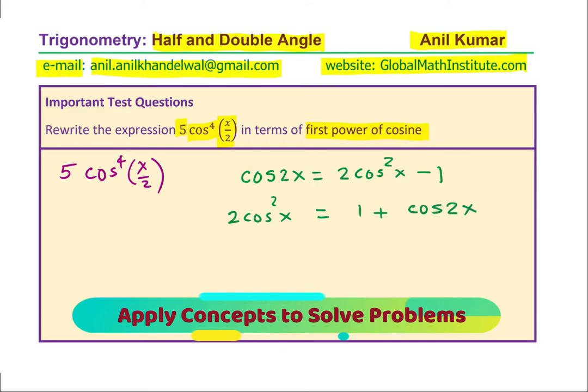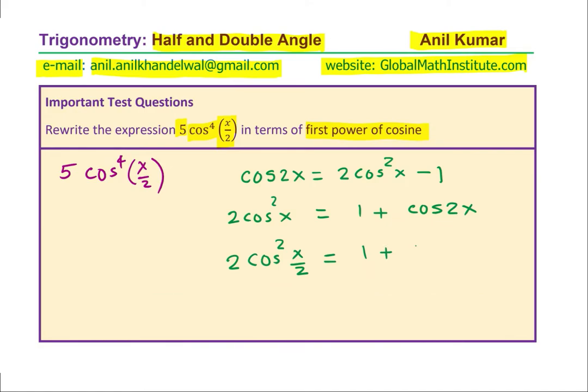So we could relate cos square x. Here we have x by 2. So if I replace x with x by 2, I could also write this as 2 cos square x by 2 equal to 1 plus cos x.